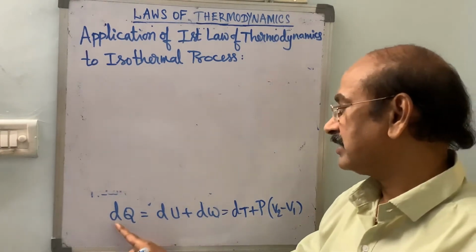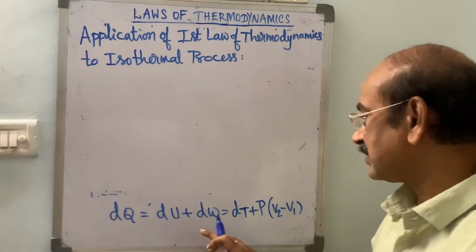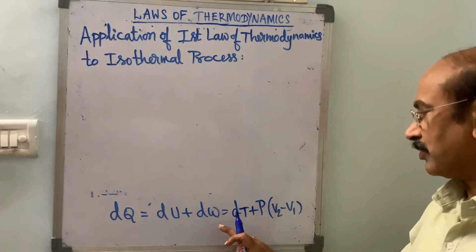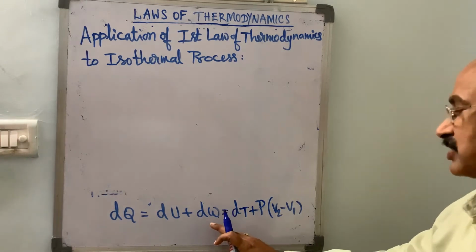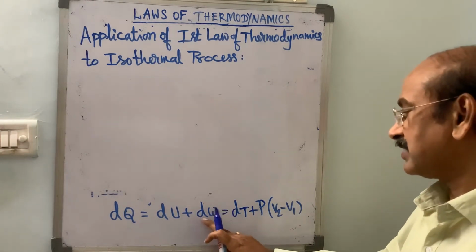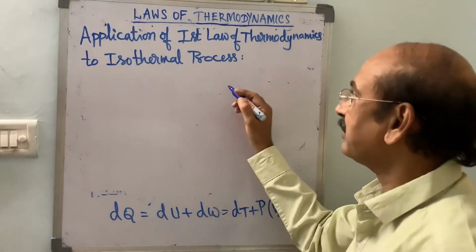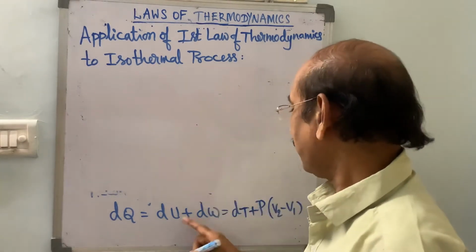Therefore, the heat energy supplied to the system is utilized for expansion of the gas, that is, some work is done. Therefore dq is equal to dw.